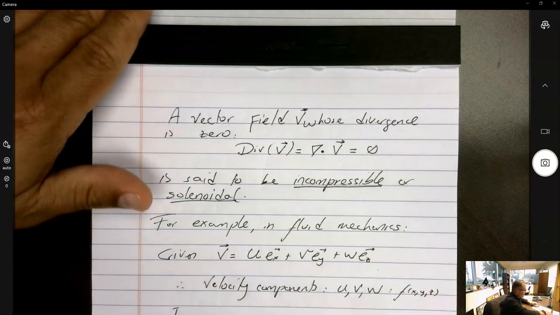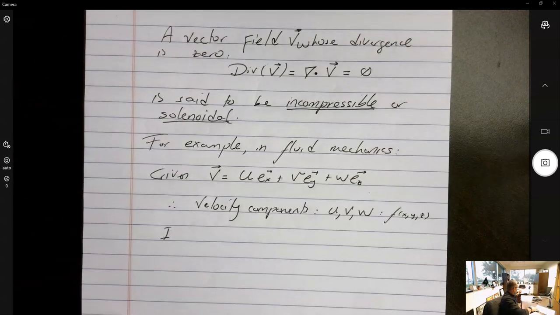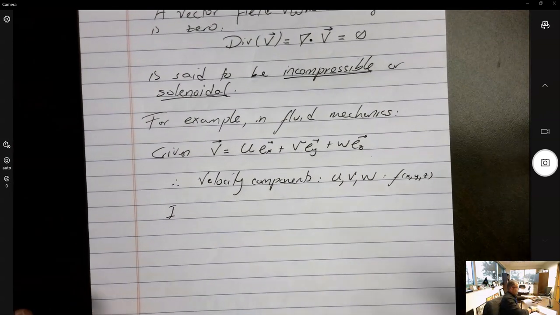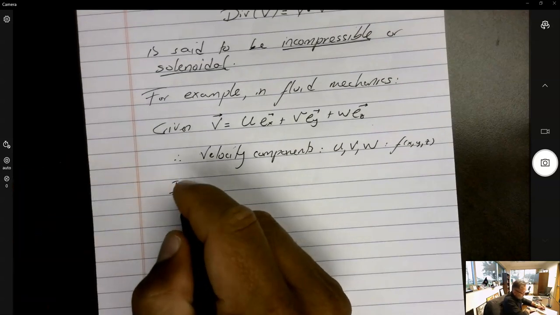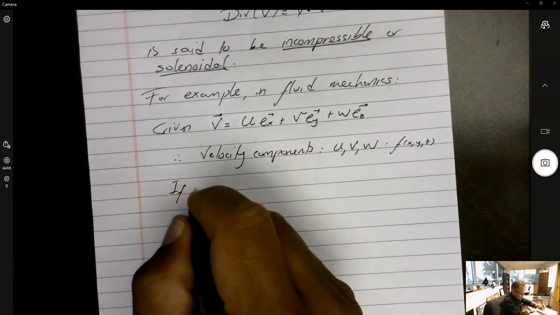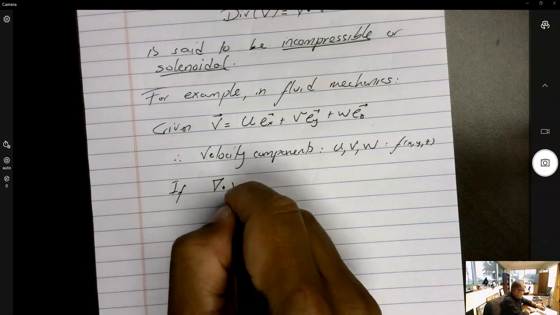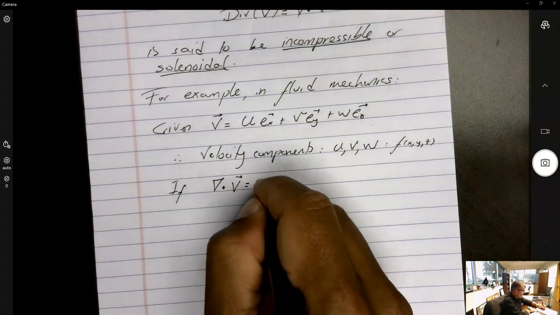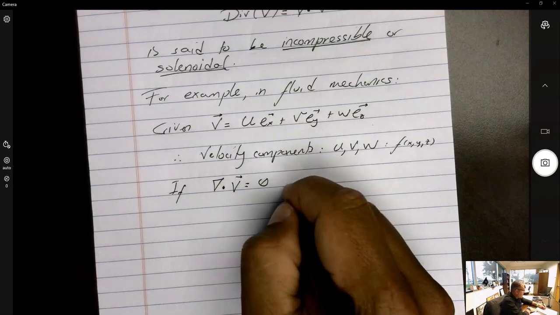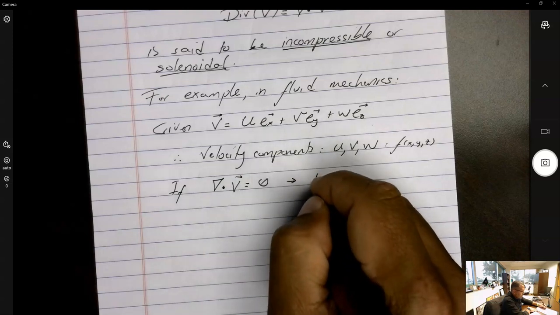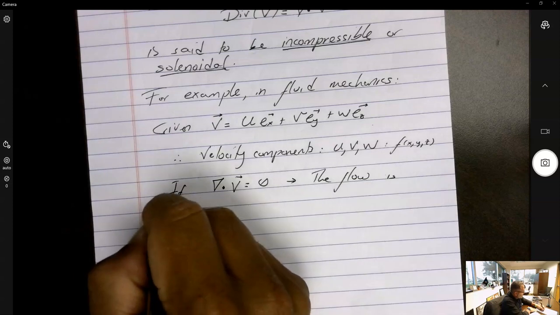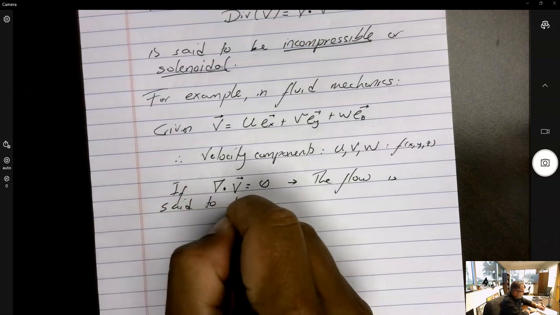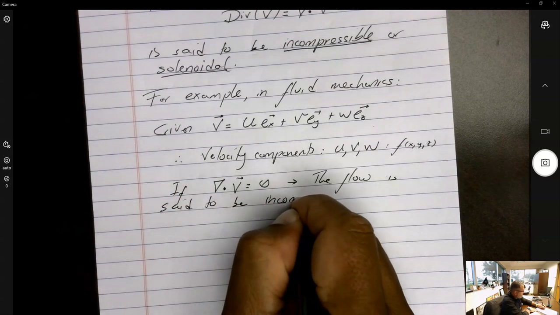If it happens that a particular velocity field has 0 divergence, the flow is said to be incompressible.